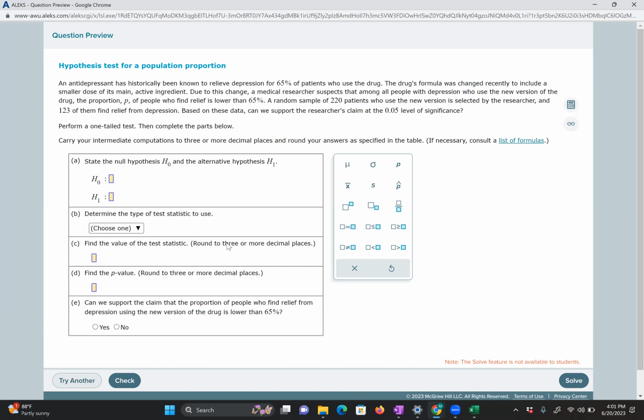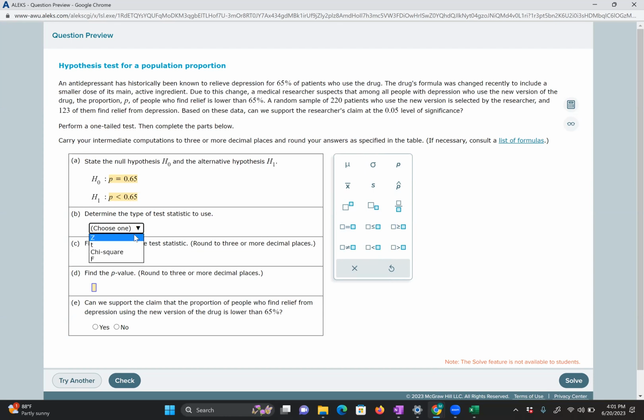So we're going to start with the hypothesis. This is very simple, which says that P is equal to 0.65. And the alternative is that P is less than 0.65, because they said less than.